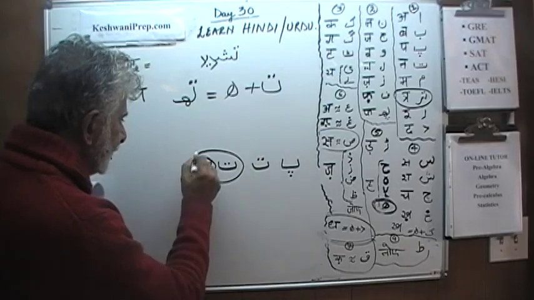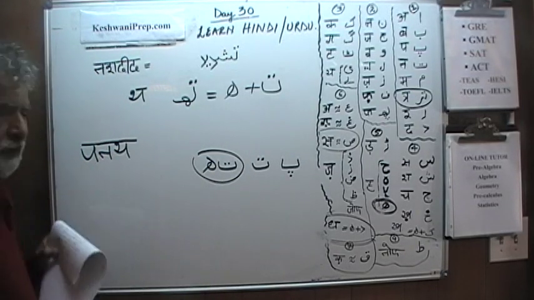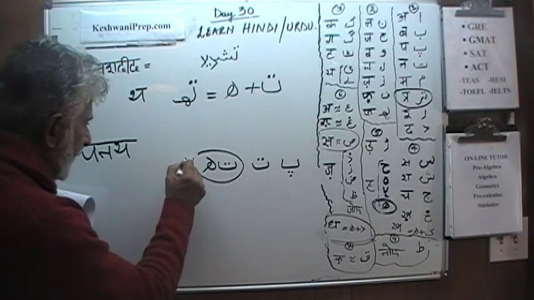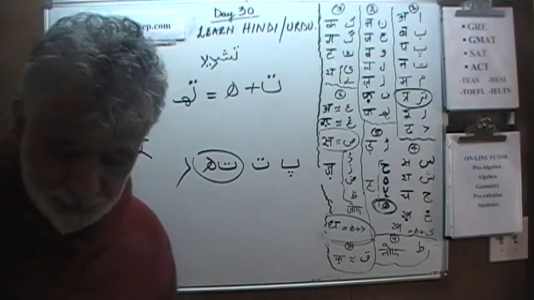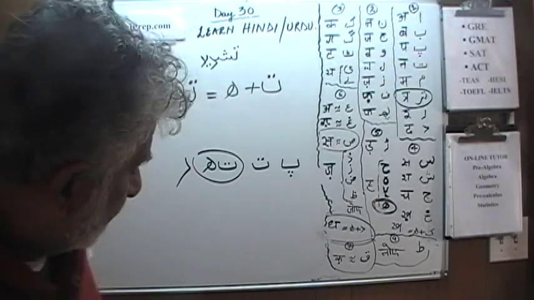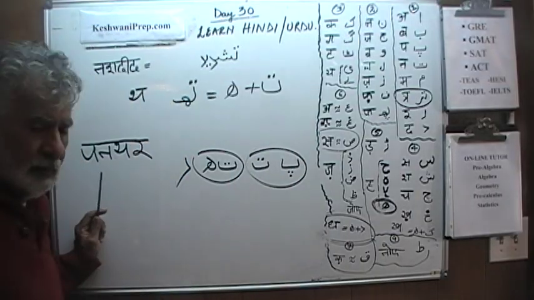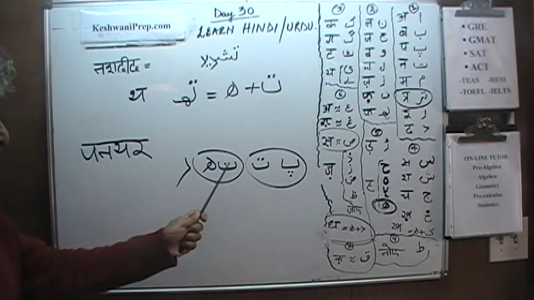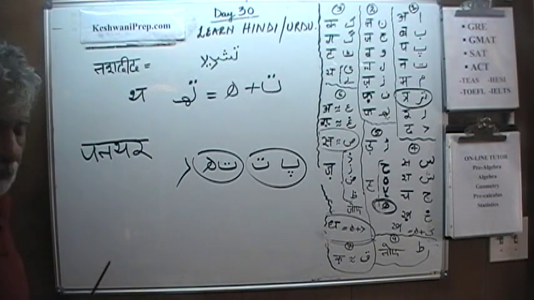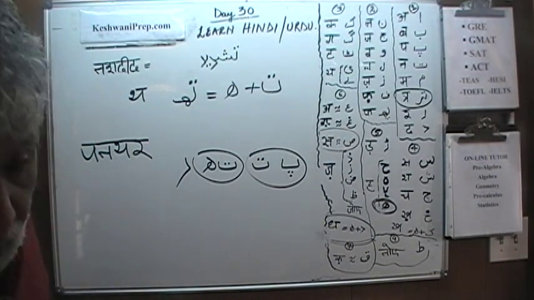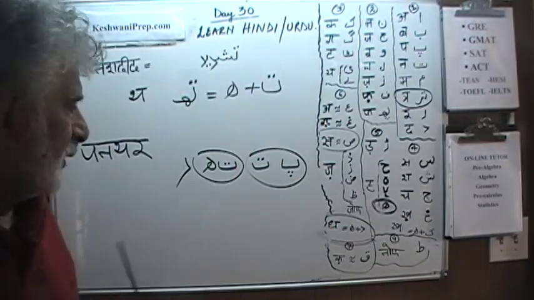That's a Th. And then a Re. So we have Pat, these are together, Pat, then we have a Th, Pat, Thar. Patthar is stone, except the way we wrote it in Hindi, it reads Pa-ta, Thar. We don't need Pa-ta, Thar, we need Pat.